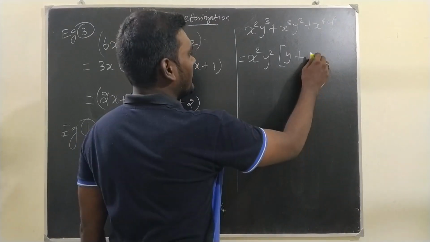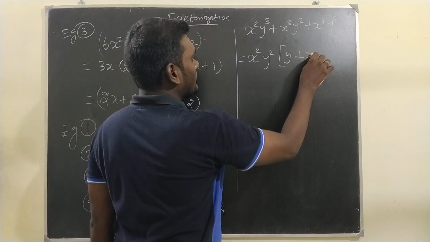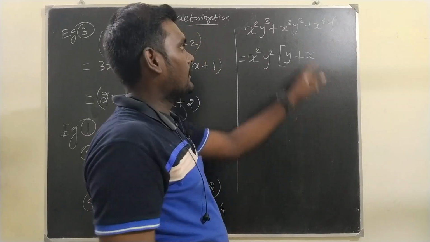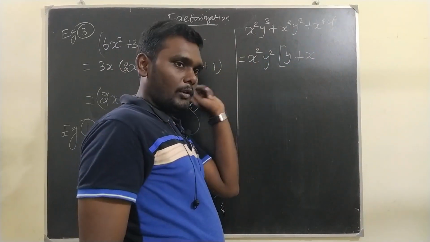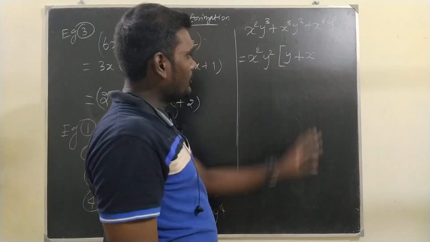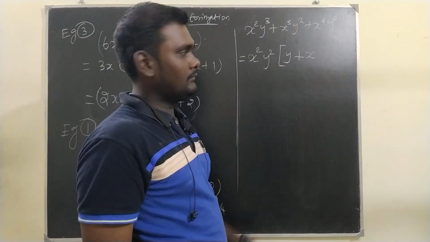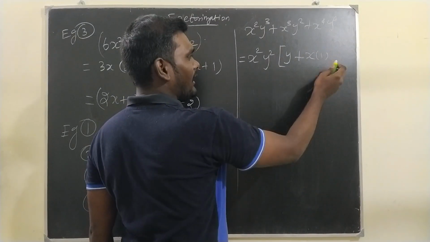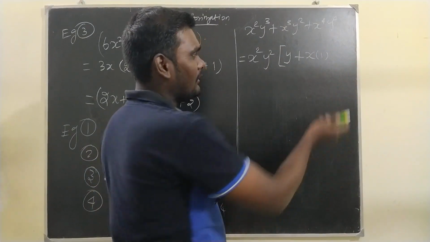Then how much remains inside? Only 1 stays inside. Then here y square itself we have taken out, so no y term here. Suppose nothing is left, we will write 1. Else here also we could write into 1, but that doesn't make any difference. That is why I am not writing.